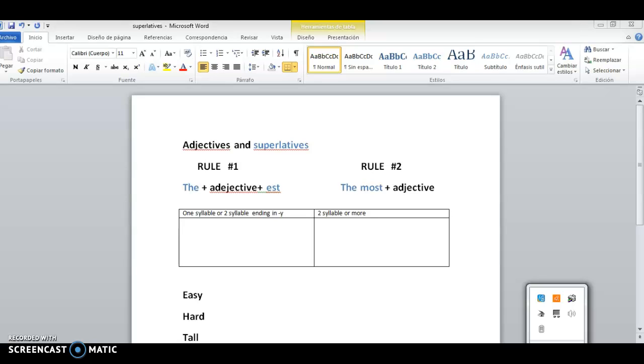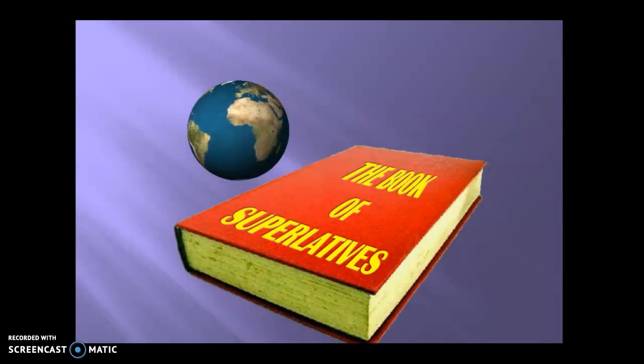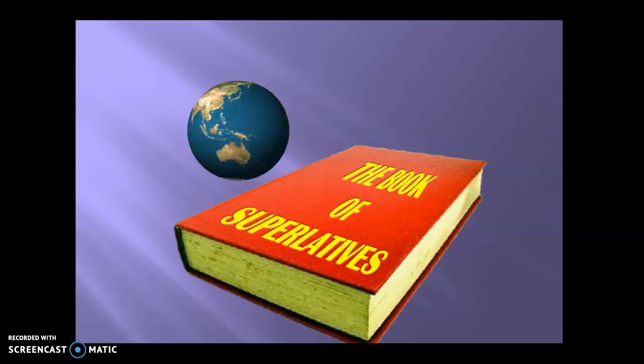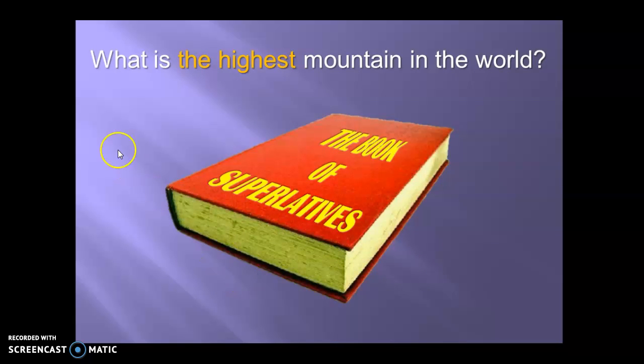Okay, so when we talk about superlatives, we talk about one object, person, whatever, and we make a comparison to the rest of the group. So for example, if I say, what is the highest mountain in the world?